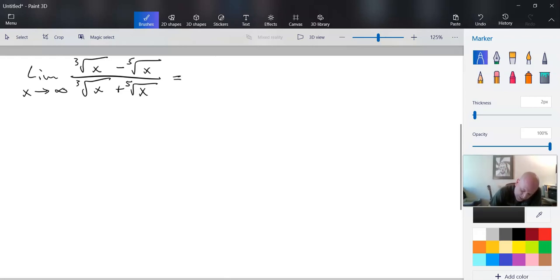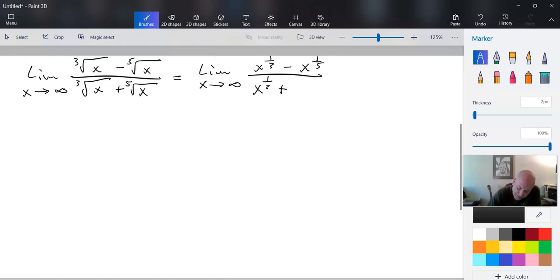Probably the first thing I would do is rewrite these so that they are exponents. So this is x to the 1/3 minus x to the 1/5. Now my first thought when I looked at this was that you're going to use a conjugate.